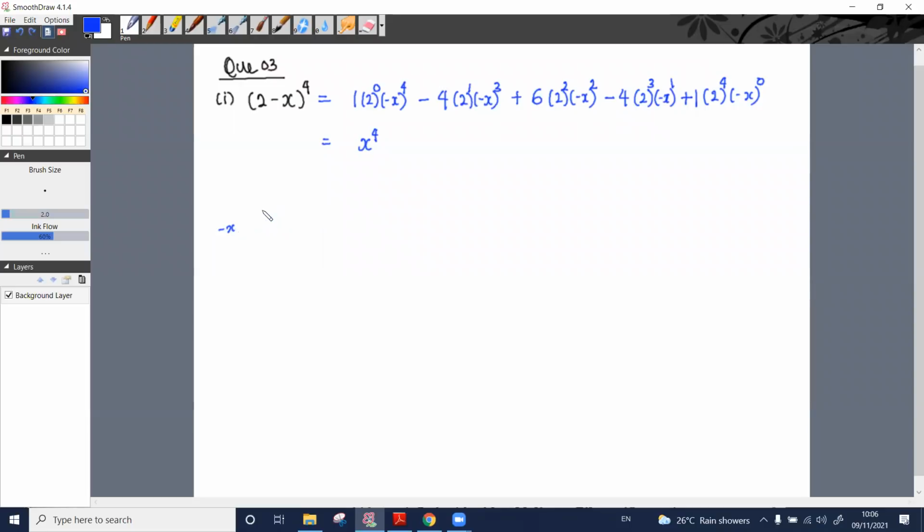Then the second term, here 2 to the power 1 is 2, so here it should be minus 4 into 2, 8, into minus x to the power 3. Or the same we can express like this, minus x to the power 3.